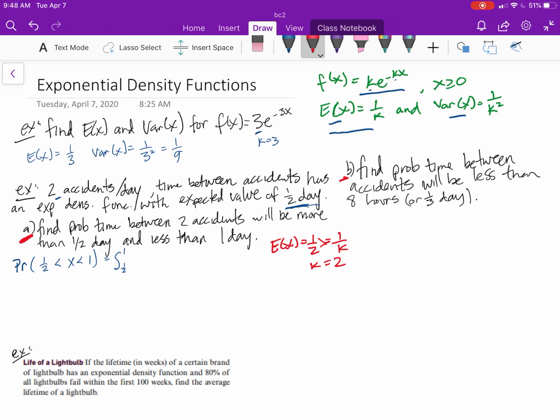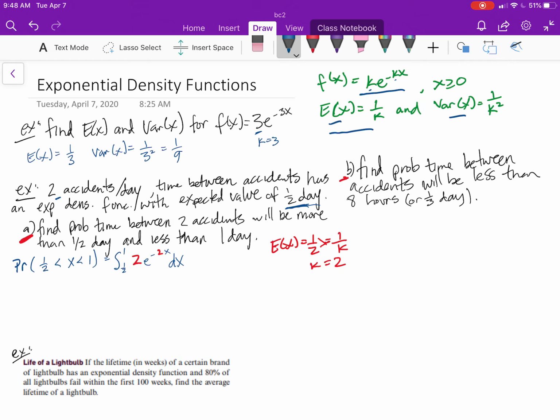So now I know the function: k is 2, 2 e to the negative 2x dx. So we're still integrating our function, but we need to define the function using the information provided.